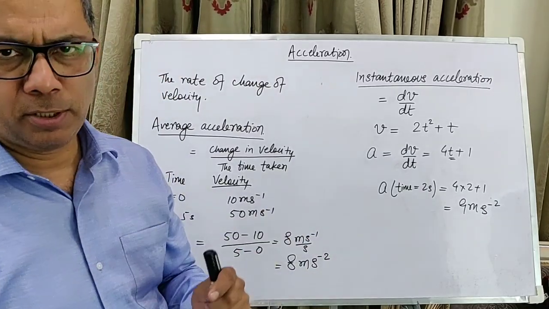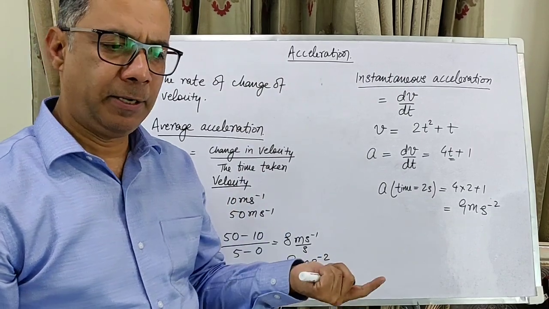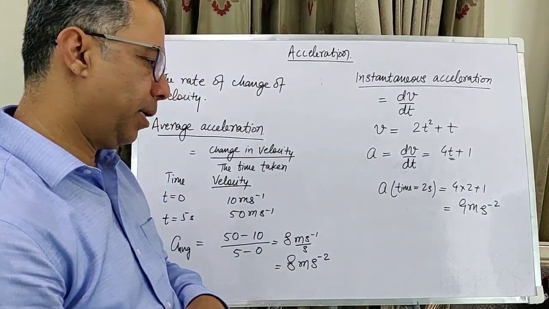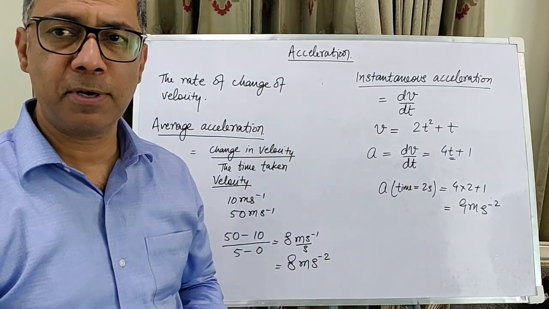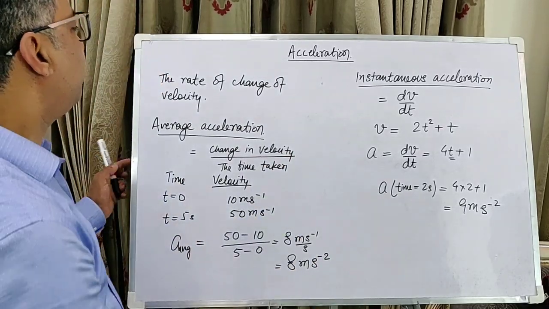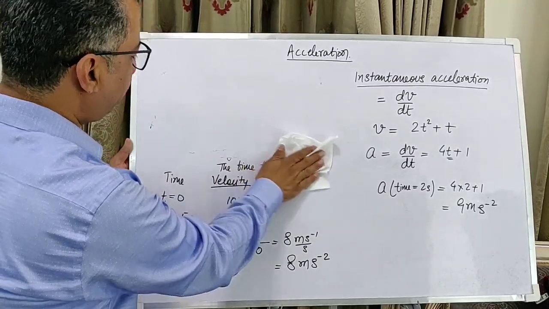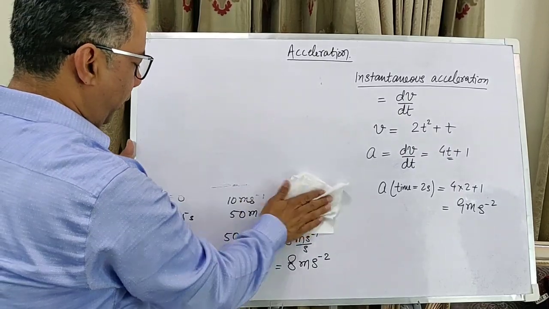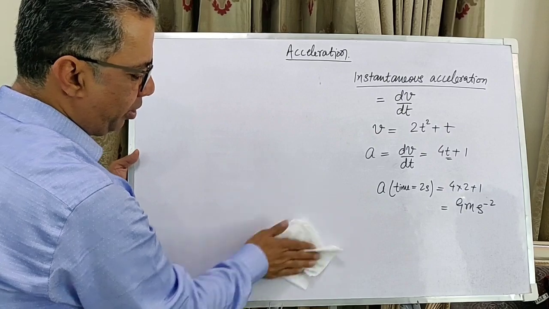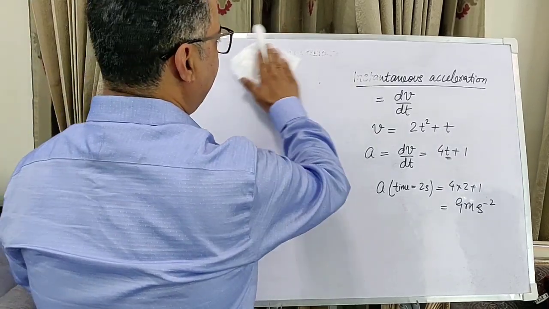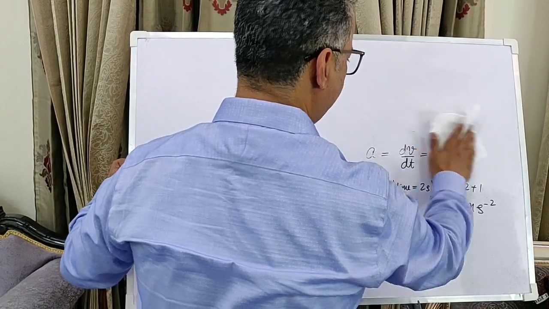How are these quantities related, and what will be the graphical representations of the variations of these quantities, etc., etc. So, to start with, what we will be doing is we'll look at the acceleration versus time graphs and look at their geometrical interpretations.